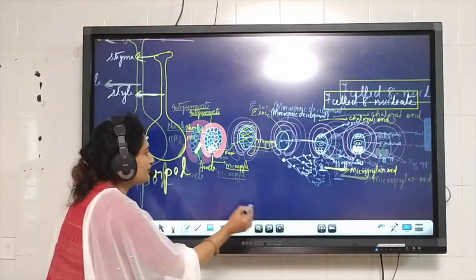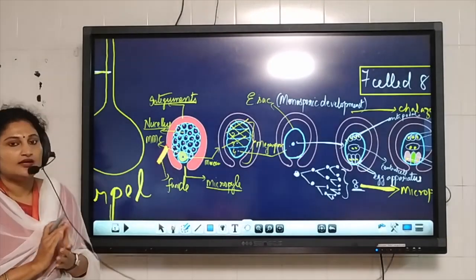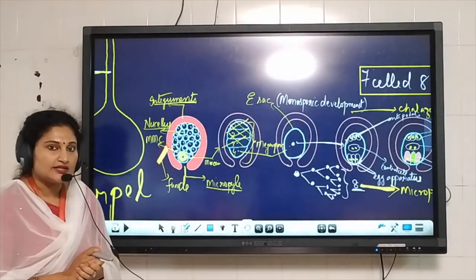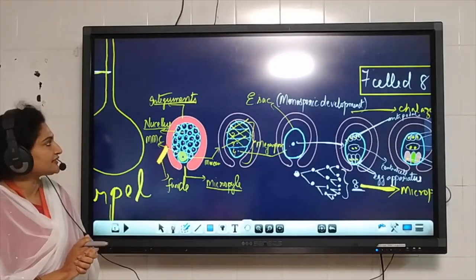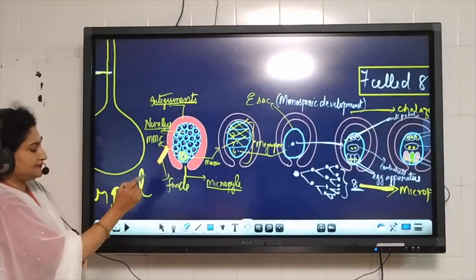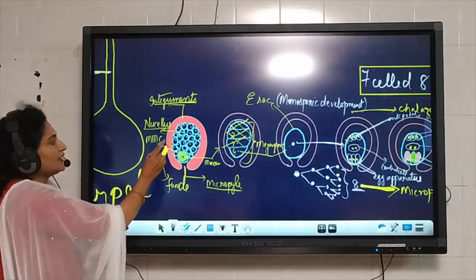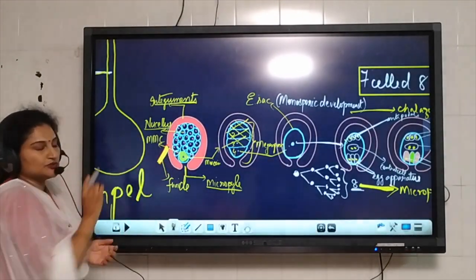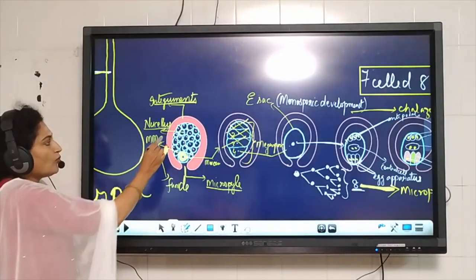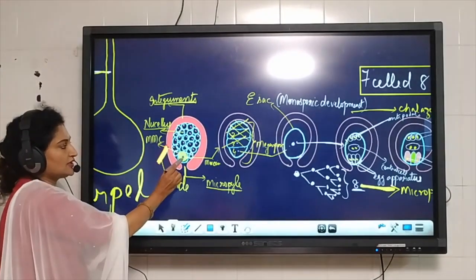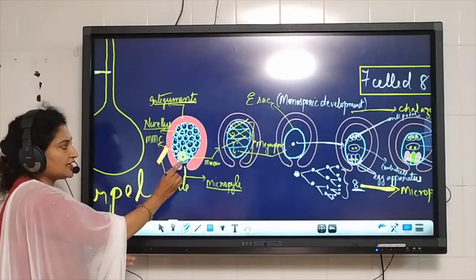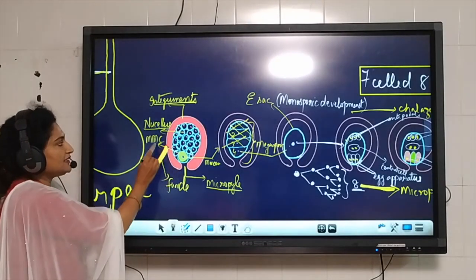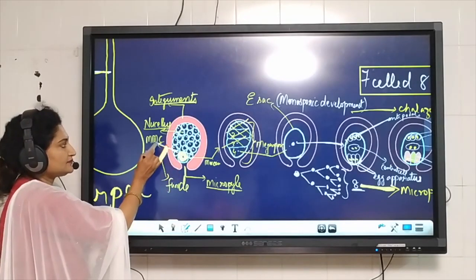Now, third point is the structure of an immature ovule. An immature ovule is surrounded by 1 or 2 protective layers called integuments. This integument encloses a mass of cells called nucellus, and one of the nucellar cells, which is large, containing dense cytoplasm and prominent nucleus, serves as the megaspore mother cell.